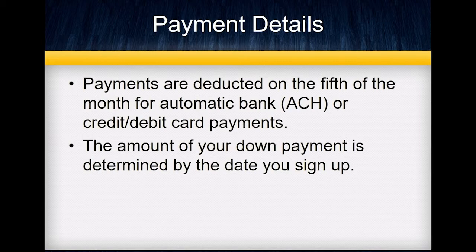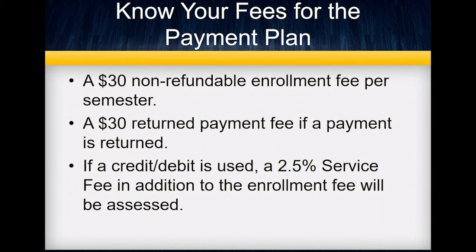The payment plan is deducted on the 5th of every month through the ACH or through the credit or debit card that you had listed. The amount of your down payment really is determined by the date that you sign up for the payment plan. You will need to know your payment plan fees. Each semester, if you're wanting to go into the payment plan, it is a $30 non-refundable enrollment fee per semester.